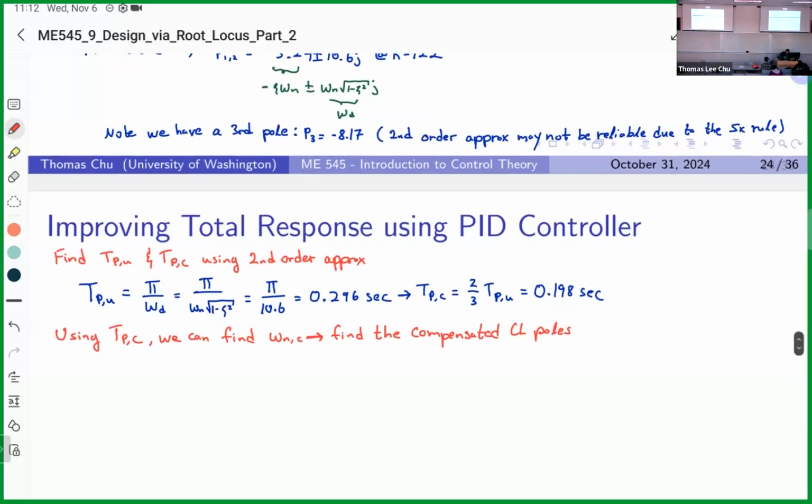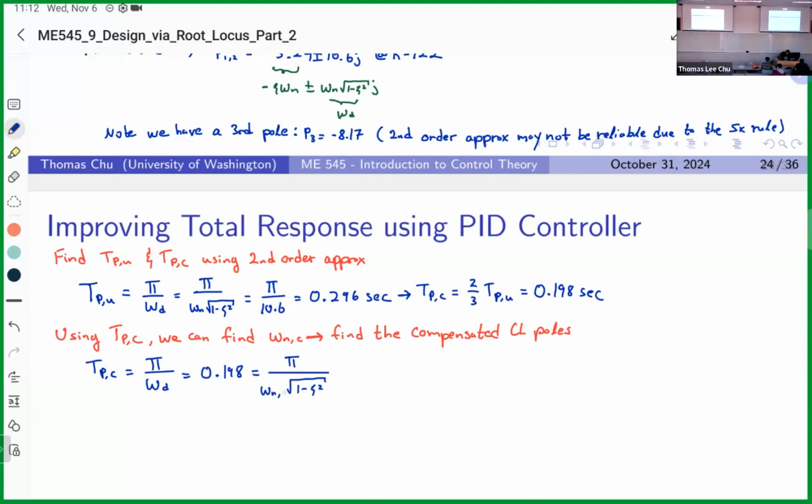Okay, since we know that TPC is equal to pi over omega d, which is equal to 0.198, let me write this out fully. That's equal to pi over omega n times the square root of 1 minus zeta squared, and we know zeta is 0.456.